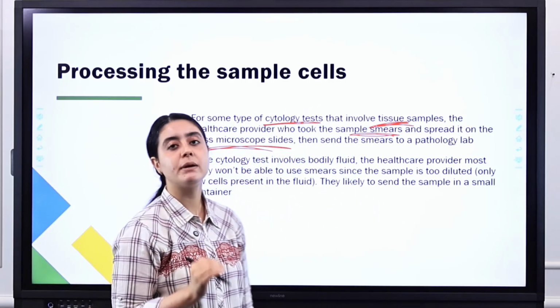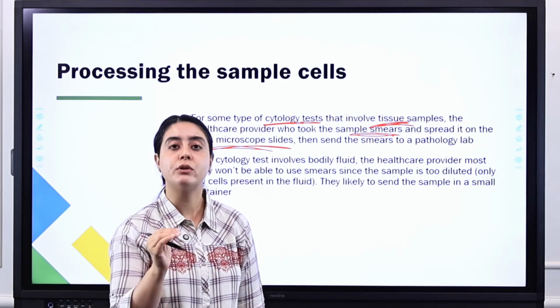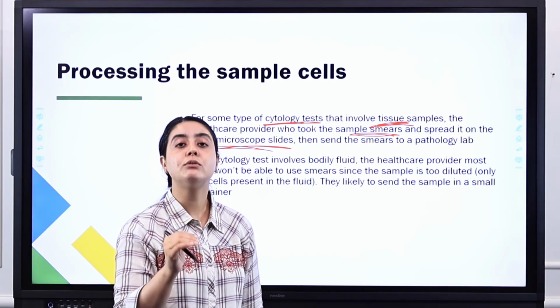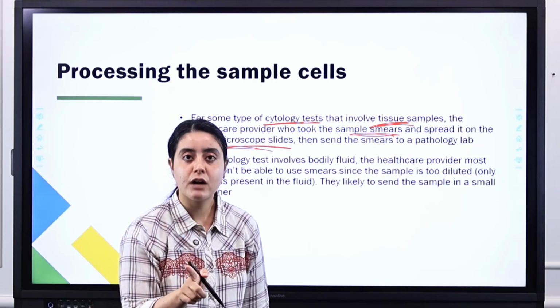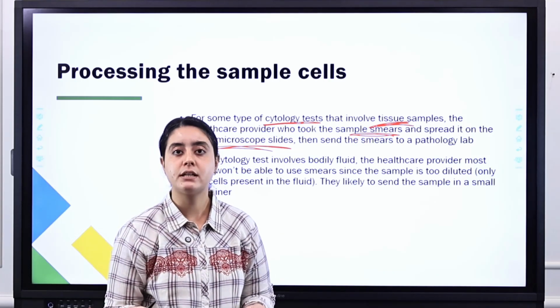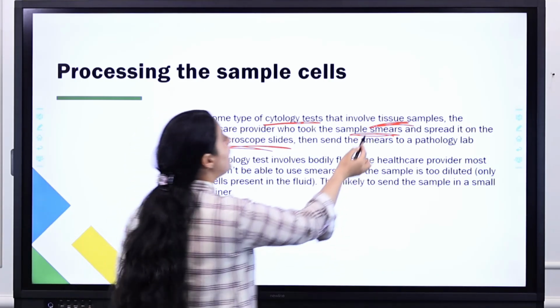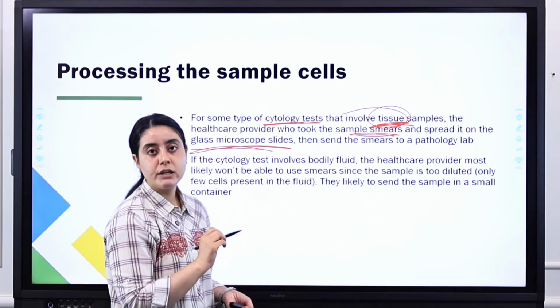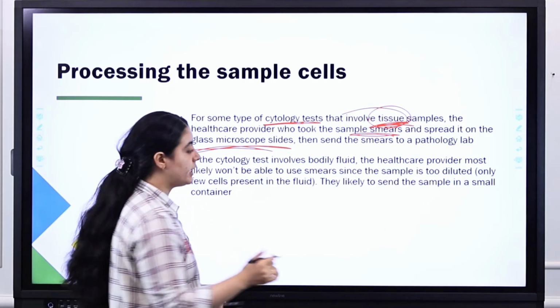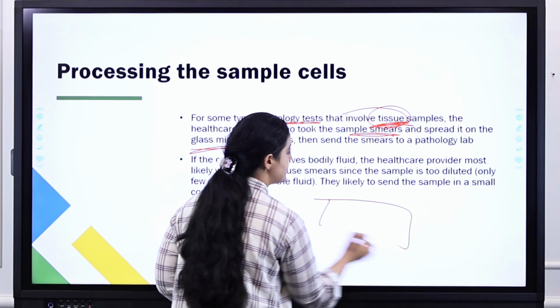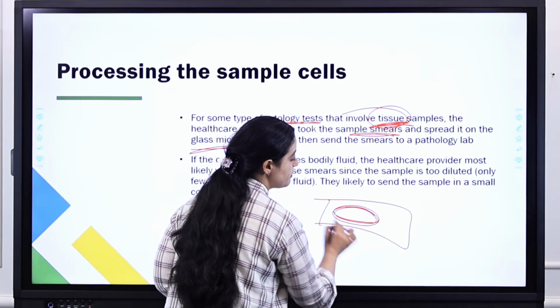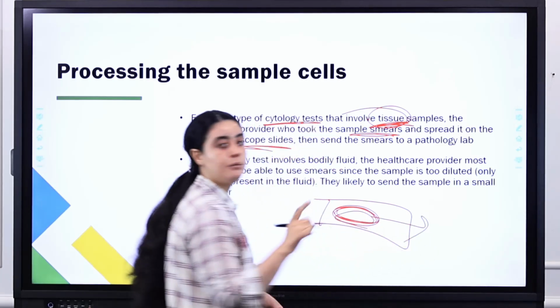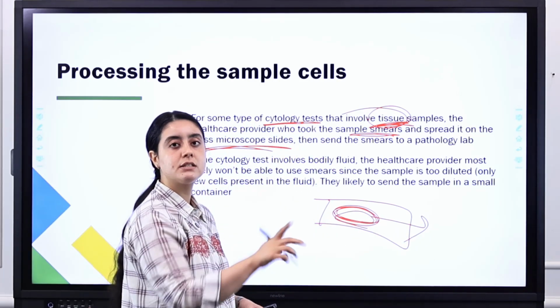It depends on the type of sample how you process it. First you have to identify what type of sample it is. Here we have a tissue sample, so the healthcare provider will take a glass slide, make a perfect smear and then send it to the pathology lab. This is one type.